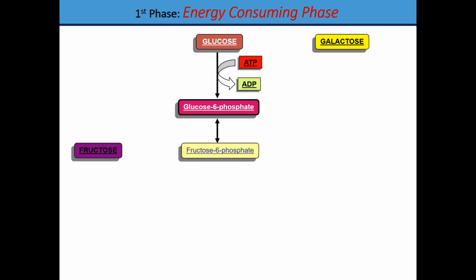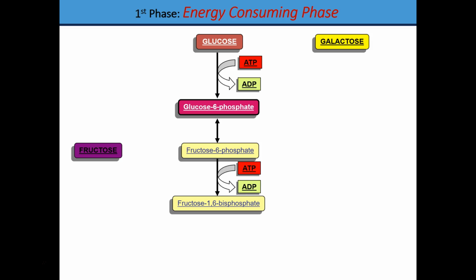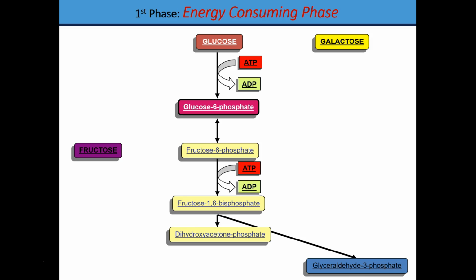Then glucose 6-phosphate is isomerized to fructose 6-phosphate and further phosphorylated again to generate fructose 1,6-bisphosphate using second ATP. Fructose 1,6-bisphosphate is split into dihydroxyacetone phosphate and glyceraldehyde 3-phosphate. They are interconvertible and both contain phosphate groups from each ATP.